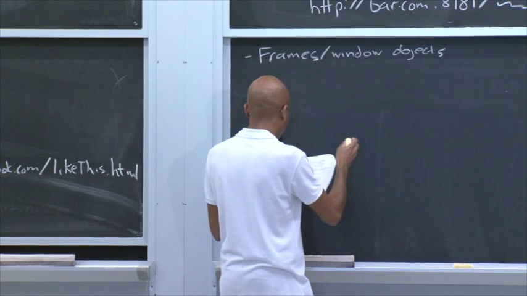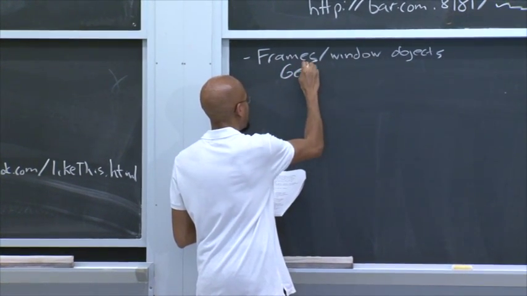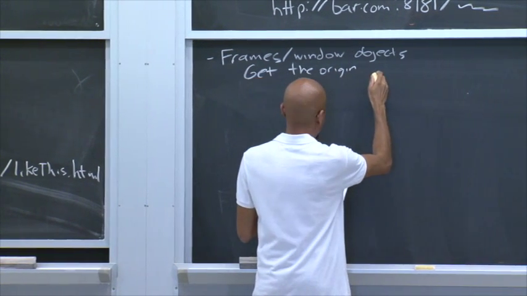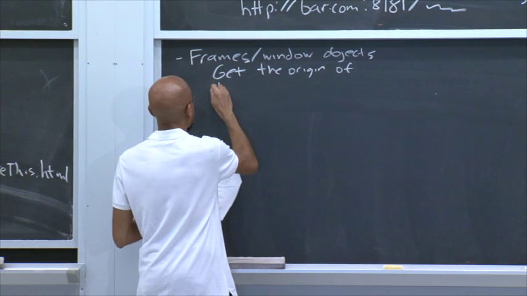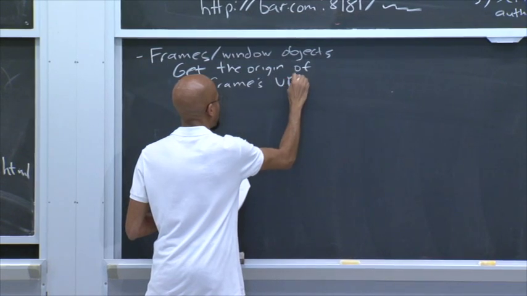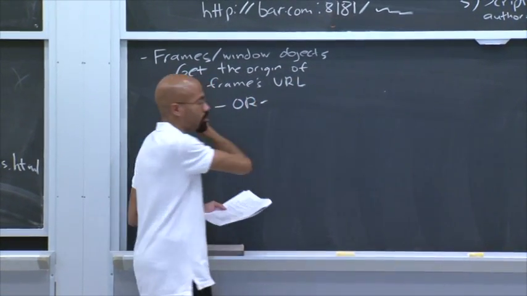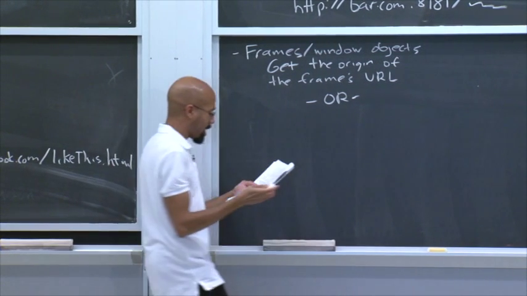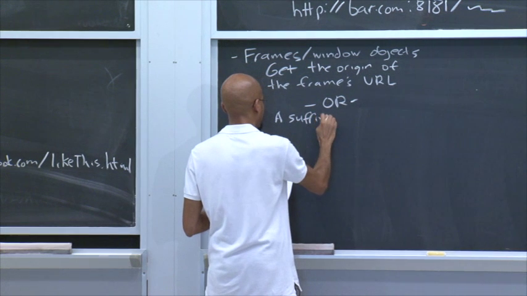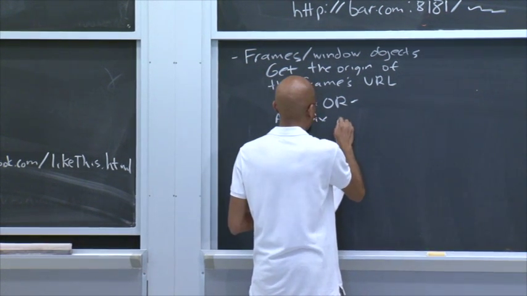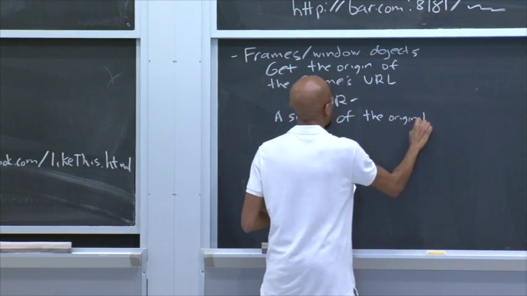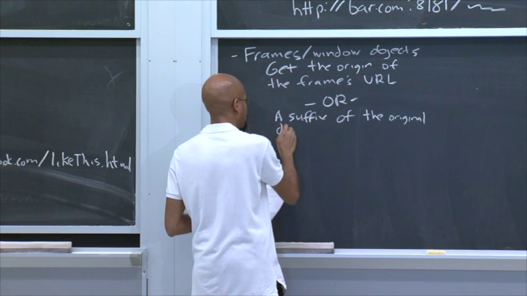So frame and window objects get the origin of the frame's URL. Or, right, because there's always an or in web security, they can get a suffix of the original domain name, the original origin.